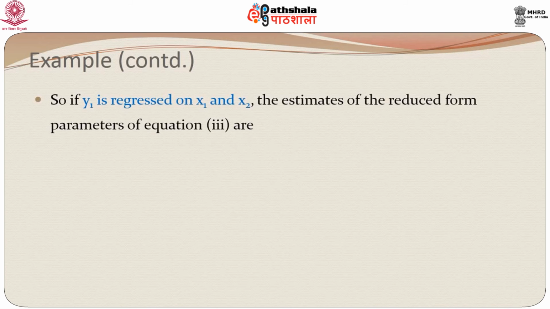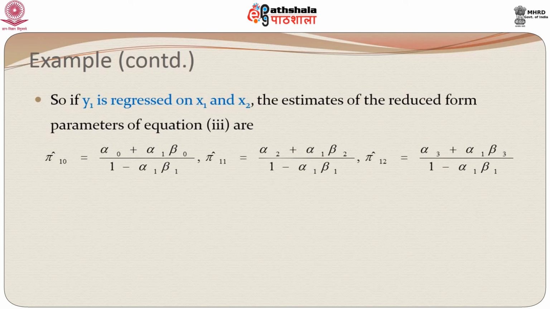Now, if we regress y1 on x1 and x2, looking at the first of the two equations 3 and 4, the estimates of the reduced form parameters of equation 3 can be obtained as pi 1 0 hat, that is the intercept, pi 1 1 hat, the coefficient of x1, and pi 1 2 hat, the coefficient of x2. So, if you run the regression, we get these three, the intercept and the two slopes.